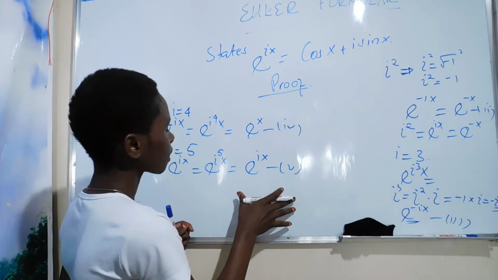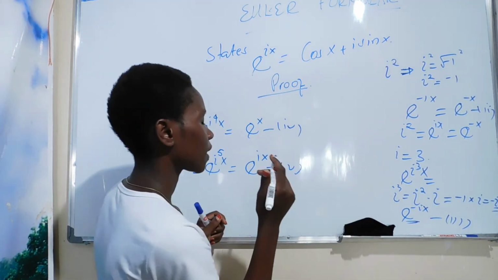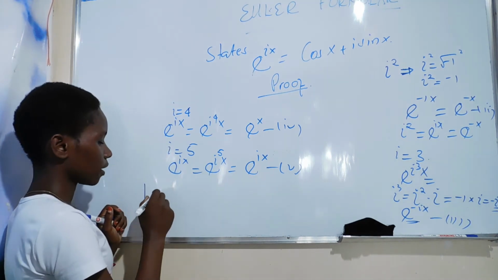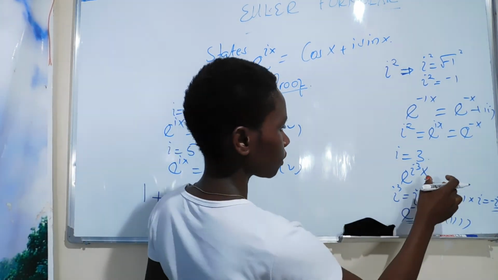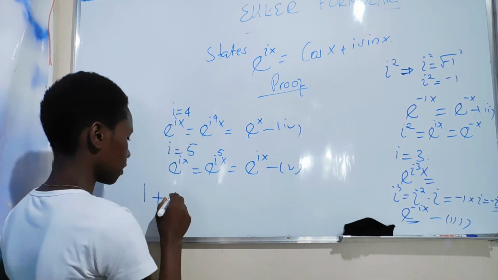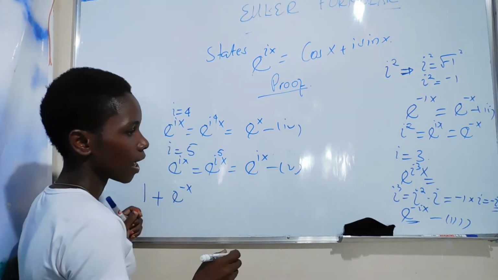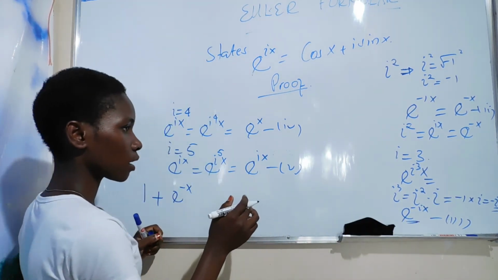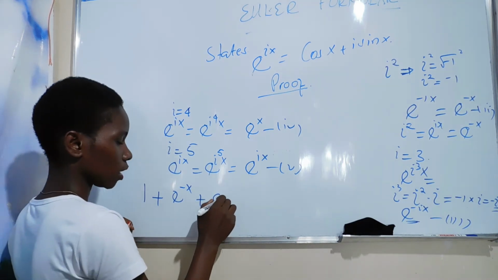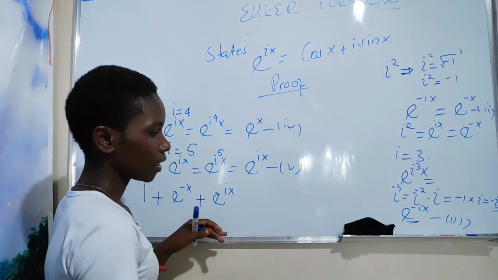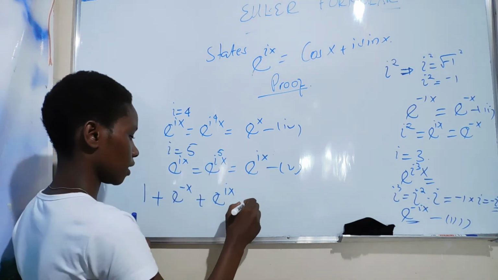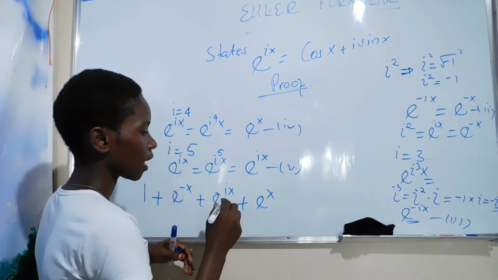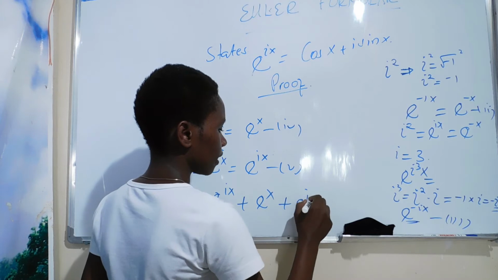Nikisema I'm going to take these equations and add together, the first equation was 1 plus, then I have the second one which is E -x. I have another one which is E I ya x. Then I have another one which is E ya x. Another one E I ya x.